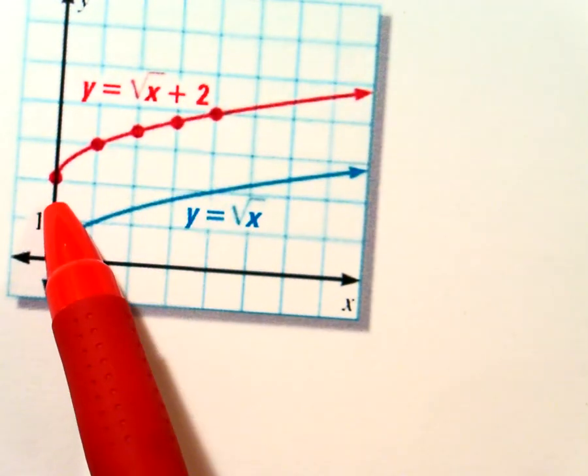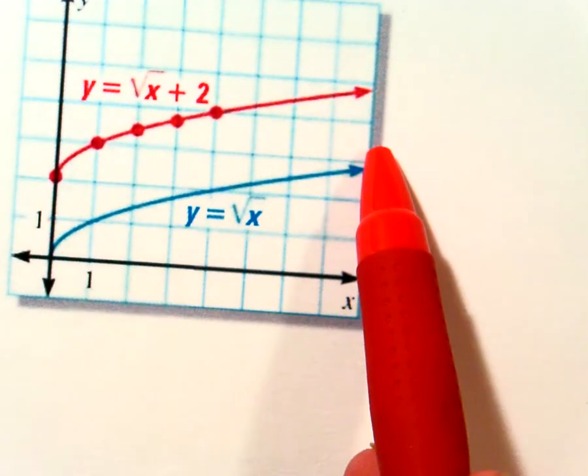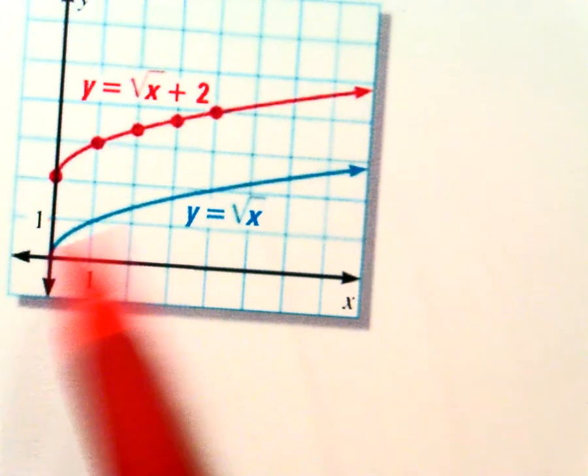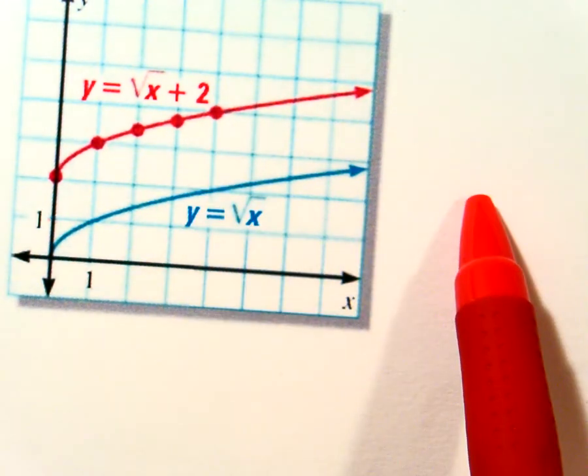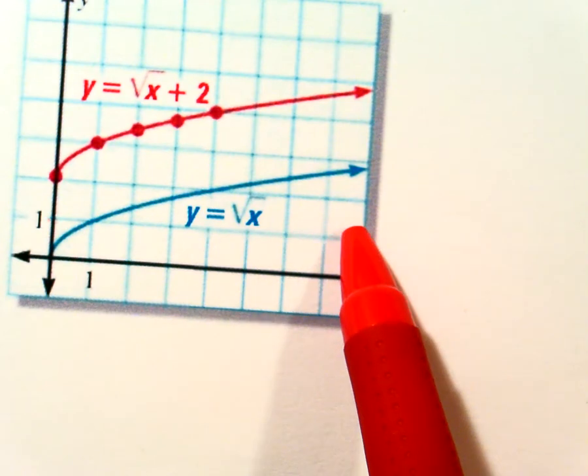Oh, look, the intercept is 2. How convenient. Just like on the other types of functions that we've done. So here we've got our 2, and it's up 2 all the way. And they're going to stay together just like that. So when we add a number outside of the radical, that just becomes our y-intercept.